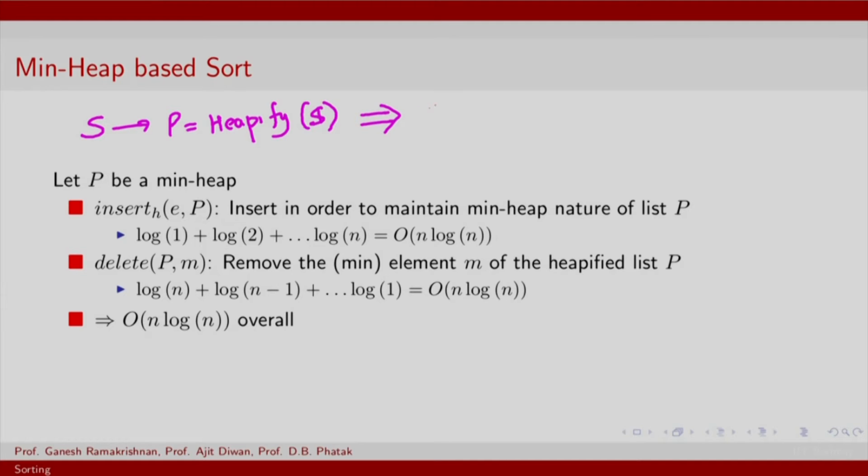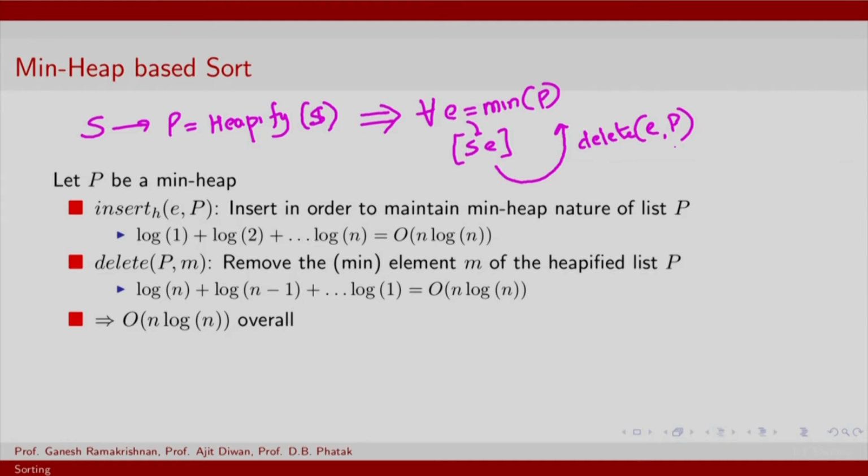You can retrieve the smallest element of P and keep adding them to S. For all E equals min of P, add E to S. This you would do in an appending manner, and then go back to B and delete E from P.